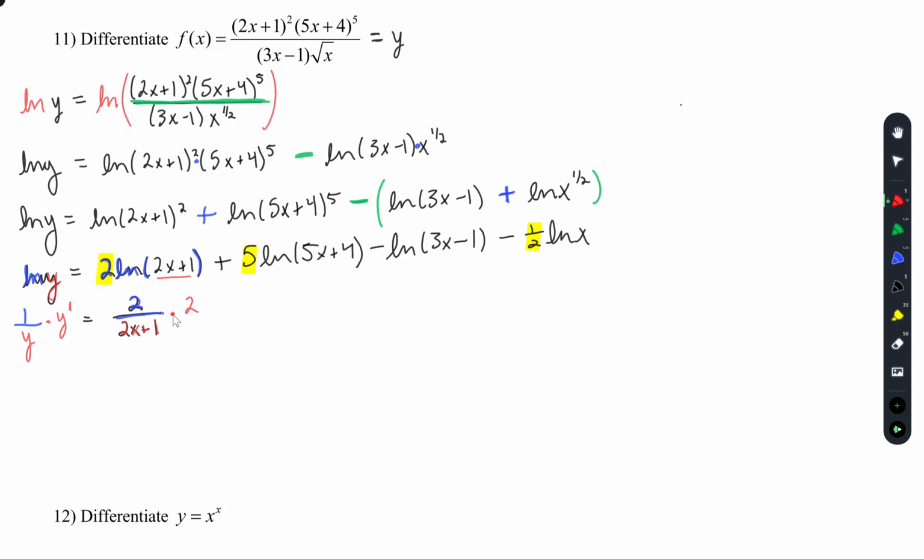So that's the first one. Then I've got 5, because it's 5 natural log. If I take the derivative of that, that would be 5 over the junk in the natural log, 5x plus 4, times chain rule 5.